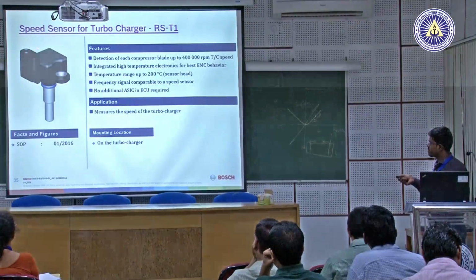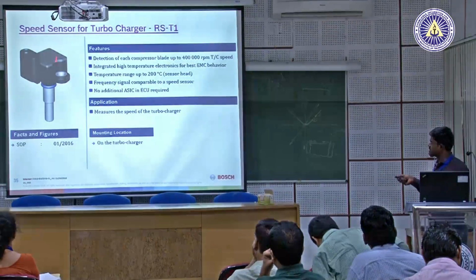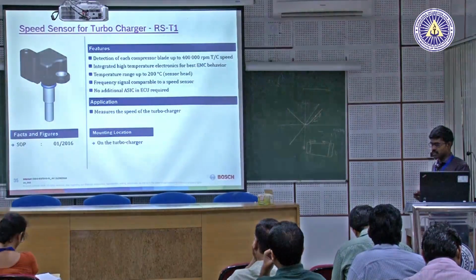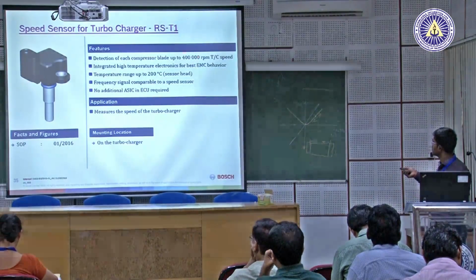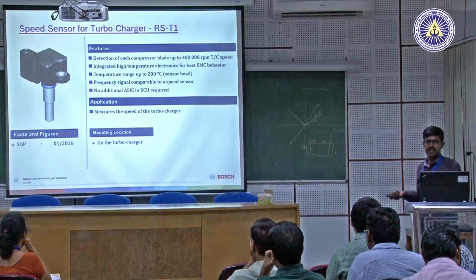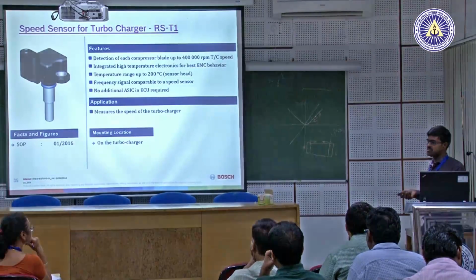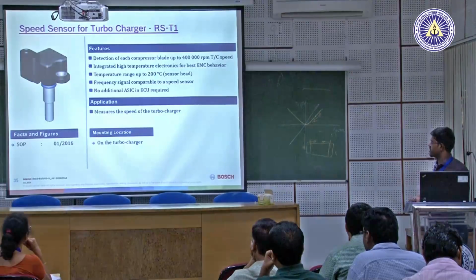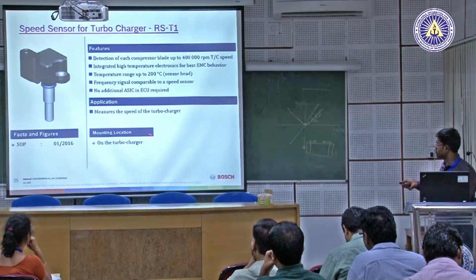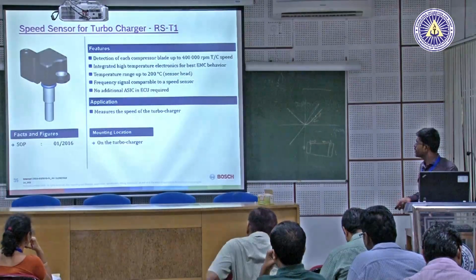To detect the speed of the turbocharger, this sensor is used. Normally a turbocharger rotates at a speed of around a maximum of 400,000 RPM, so to detect that speed this sensor is used. The application is the speed of the turbocharger, and the mounting location is on the turbocharger.